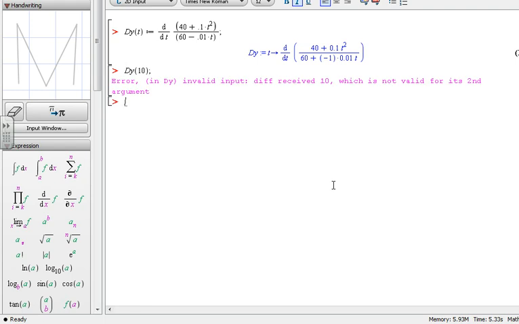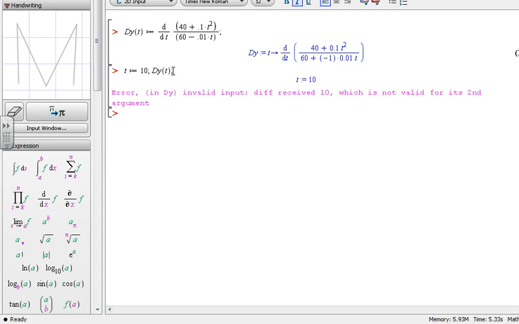All right, so what are we doing wrong here? t equals 10. That doesn't look like a 10. t equal 10.